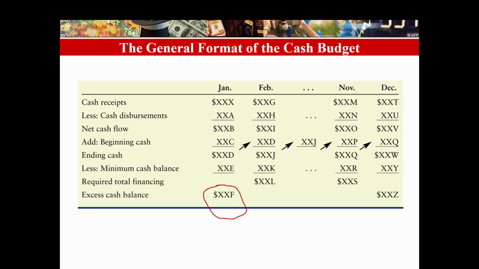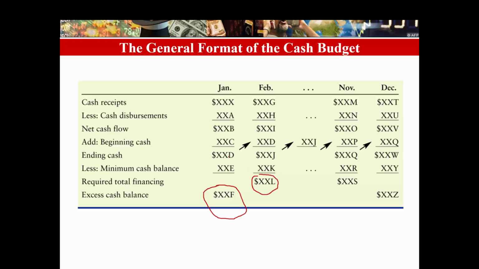In contrast, when we do have a shortage, that is when the ending cash balance minus the minimum cash balance turns out to be a negative figure, then we have a required financing. We should plan for some type of credit line or some bank arrangement that will allow us to procure this needed financing.